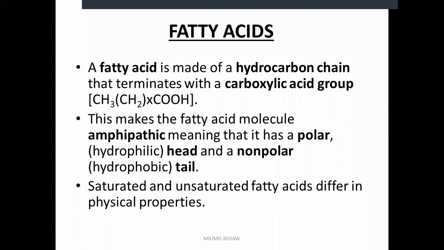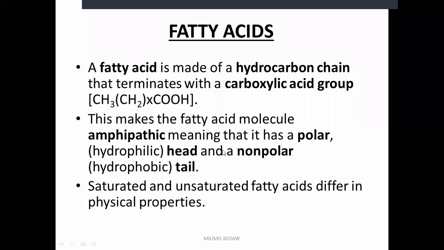Due to the presence of this hydrocarbon chain, which is hydrophobic in nature, and this carboxyl functional group, which is polar, a fatty acid molecule is amphipathic. It exhibits two properties: it is polar because of the carboxyl group, and it is non-polar because of the tail, this hydrocarbon chain.